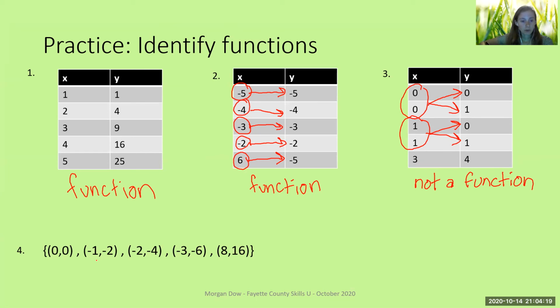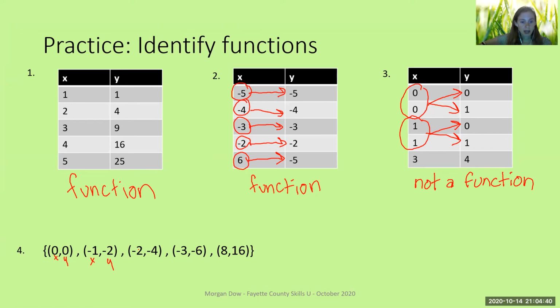And finally, number 4 is not a table, but it's still giving us a list of input-output pairs, right? So a list of XY pairs or coordinate pairs, as we talked about before. So this is X, Y, X, Y, and so on.